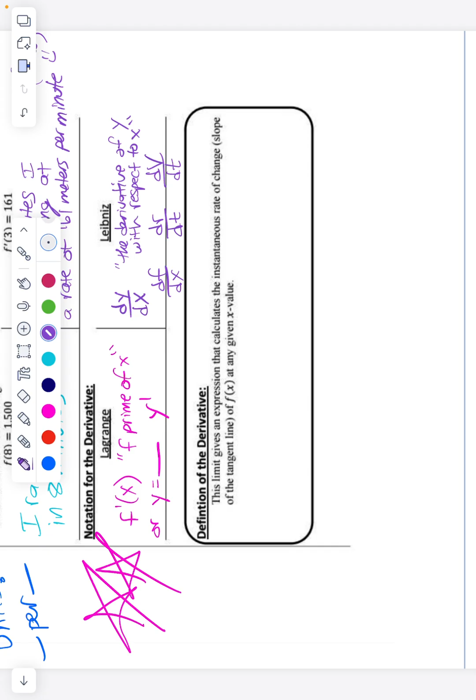Okay. Definition of the derivative. I've already mentioned it now a number of times. Do you remember what it is? We saw it in the last section, actually. This is the mathematical, not conceptual definition.